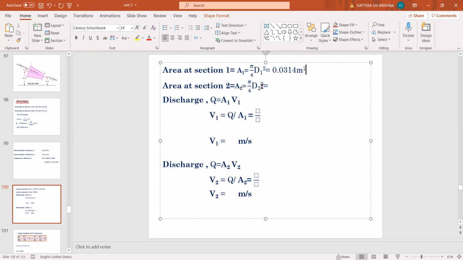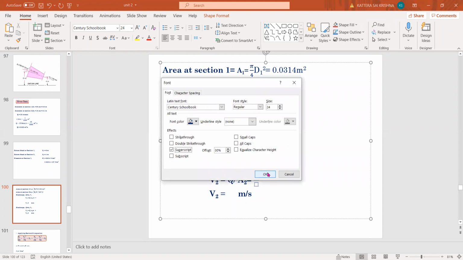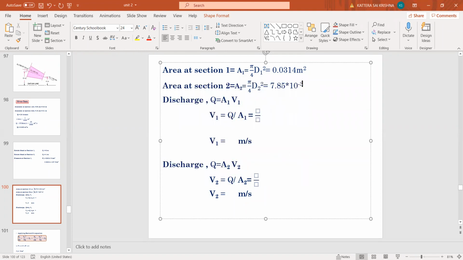The D2 value we have written already, that is 0.1 meter, given as 10 centimeter, converted into meter, 0.1 meter. So pi by 4 into 0.1 square gives the A2 value, 7.85 into 10 power minus 3.